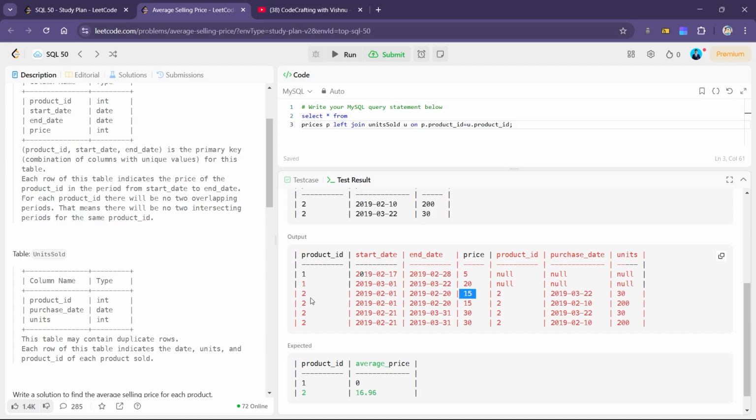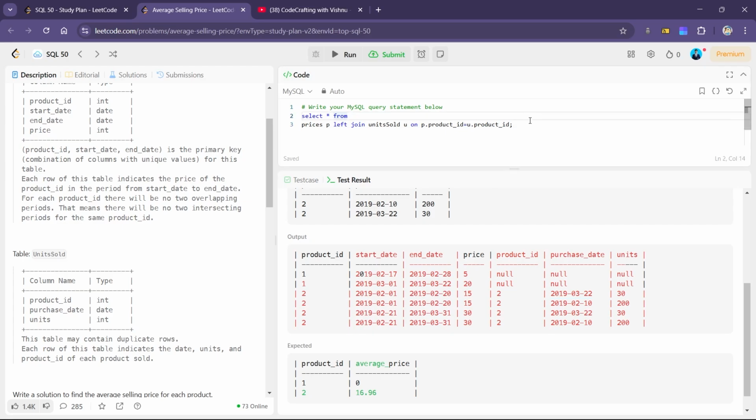This was the price of this product between these dates, but this was purchased on these dates. Now, if this date lies between these dates, then this was the price and these are the number of units sold. But does this purchase date lie between these? If it doesn't, then we don't need these entries. We need only those entries where the purchase date lies between start date and end date.